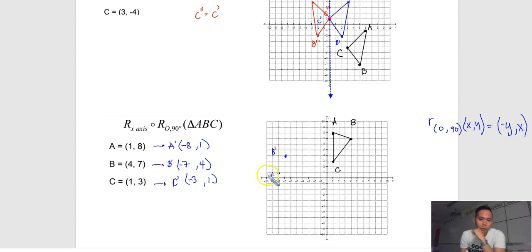And my C prime would be (-3, 1). This is my C prime. So again, I can connect them using the blue. So this is after rotation. We have now your triangle A prime, B prime, and C prime with the coordinates there.